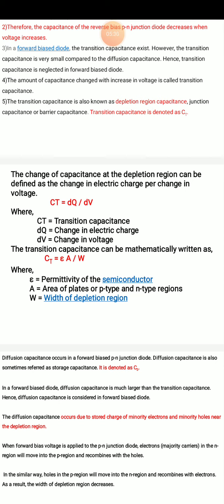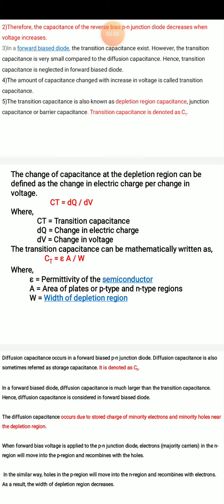Mathematically, CT can also be written as epsilon A divided by W. We have two formulas to calculate the CT. Here epsilon is the permittivity of the semiconductor, A is the area of the plates, or you can say the area of the P type and N type regions, and W is the width of the depletion region.